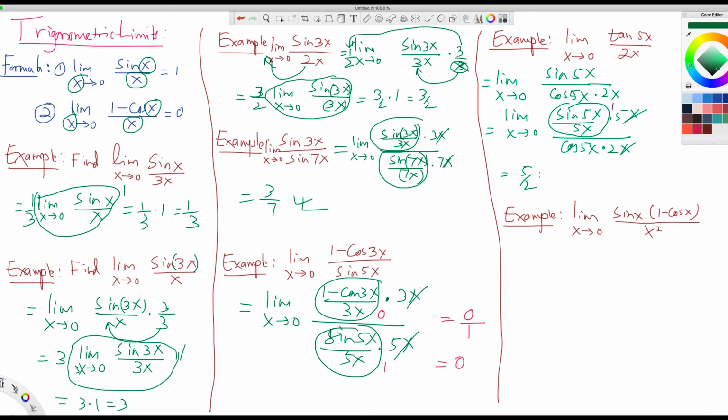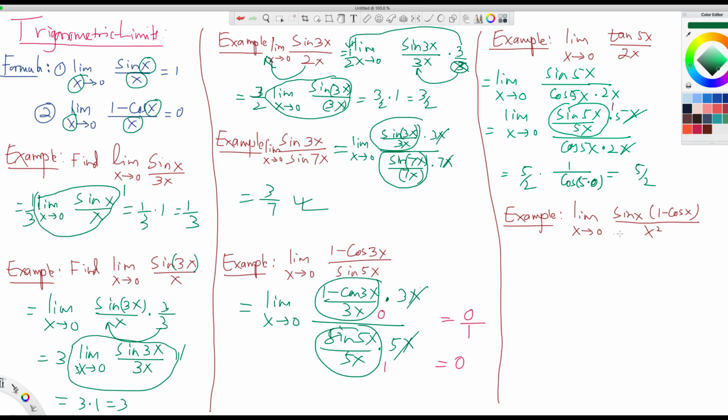And you plug in the limit times 1 over cosine 5 times 0. When I plug in the limit, I no more write that limit there, because I plugged in that already. So cosine 0, 5 times 0 is 0 degrees, right? So cosine 0 is 1, so the answer is 5/2.